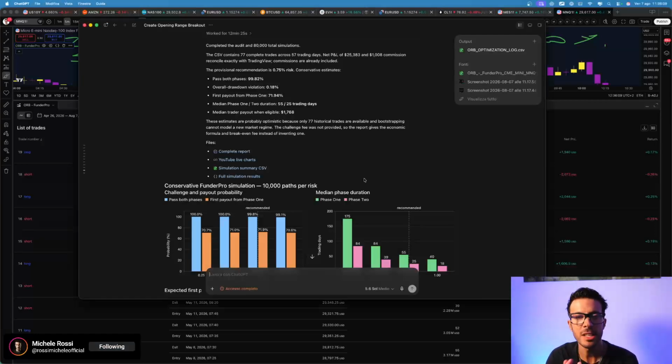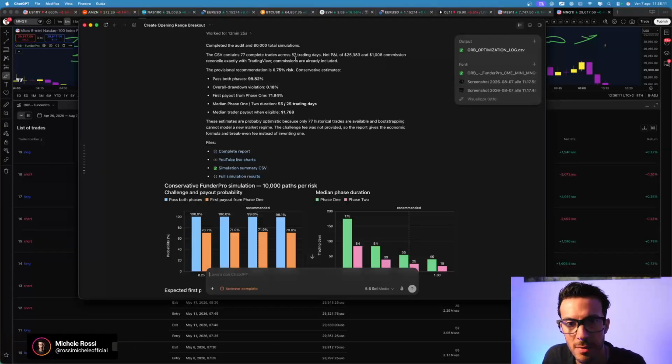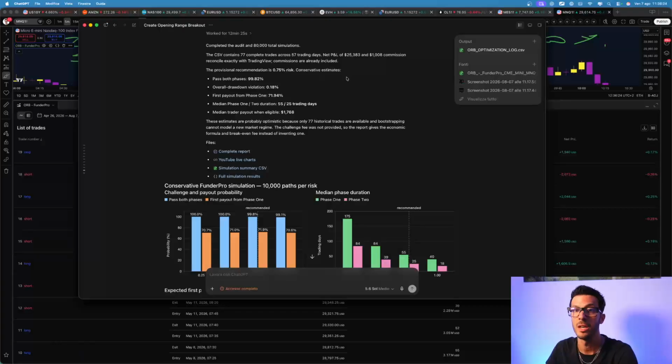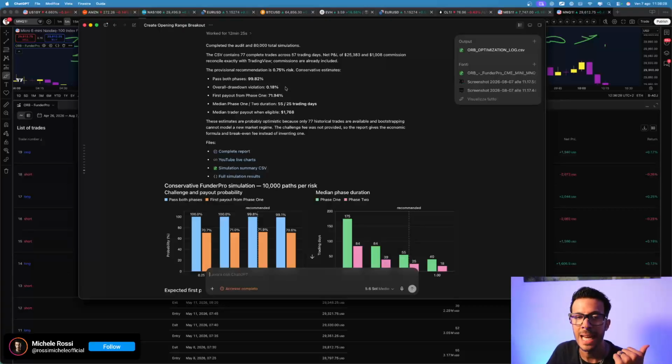So, completed the audit on 80,000 total simulations. The CSV contains 77 complete trades across 57 trading days, net profit 25,000, and commission reconciles exactly with TradingView. Commissions are already included. The provisional recommendation is 0.75% risk. Conservative estimate, pass both phases, 99%. Overall drawdown violation, 0.18%.